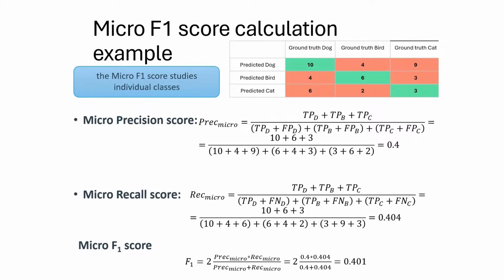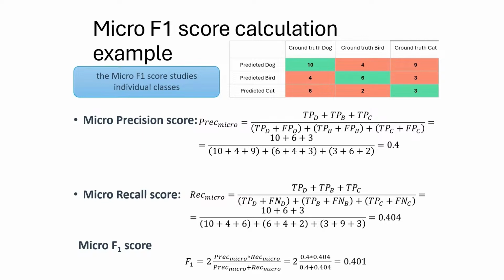I especially added some brackets so that you can see what is in the denominator. So altogether, the precision score is the sum of the diagonal elements divided by true positives of all images. True positive of all images.